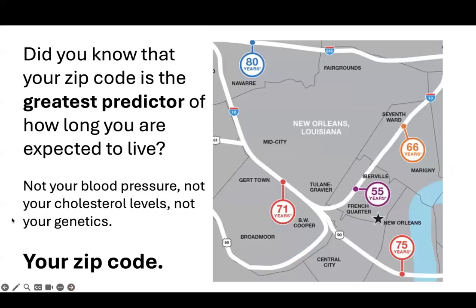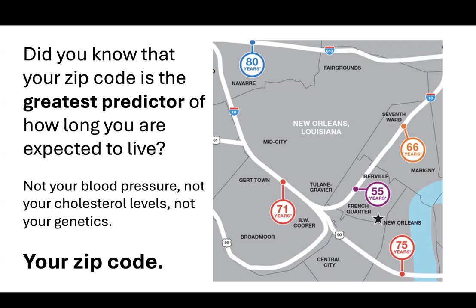There was an incredibly powerful ad campaign based on research that examined the relationship of some of the social determinants of health to a very important marker of health, life expectancy. They found that your zip code is the greatest predictor of life expectancy.